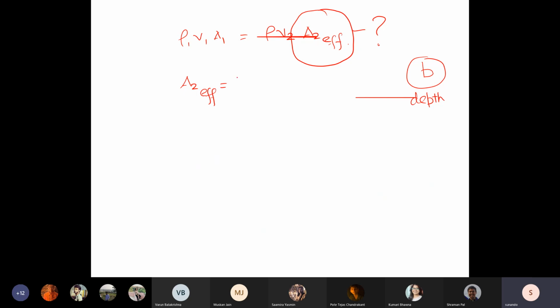So the expression for the area would be the width W2 minus 2 delta 2 star, multiplied by b. This will be the effective area if I assume inviscid flow at location 1 and inviscid flow at location 2 as well.